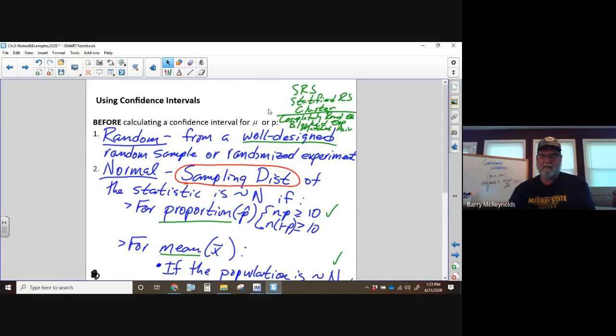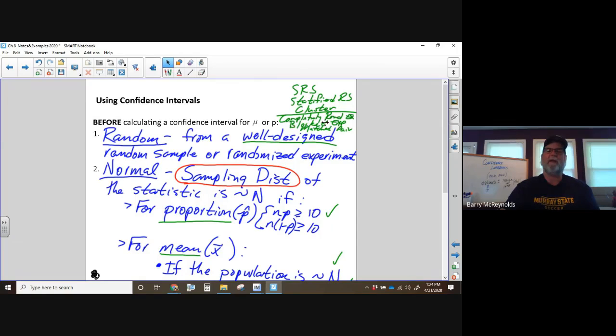Most often these cases are given to us from a simple random sample, but based on the type of questions, you may have to talk about a stratified random sample or a cluster sample. Or if an experiment, you remember we talked about completely random experiments.